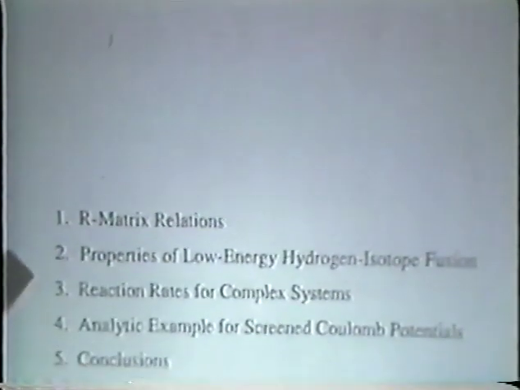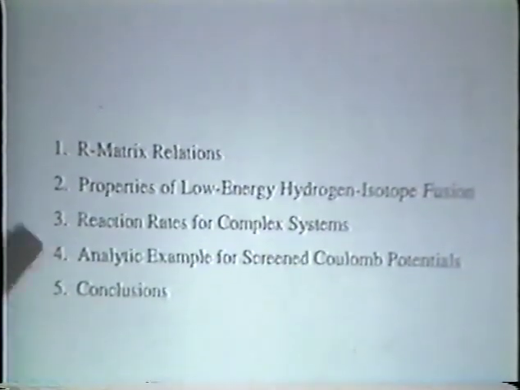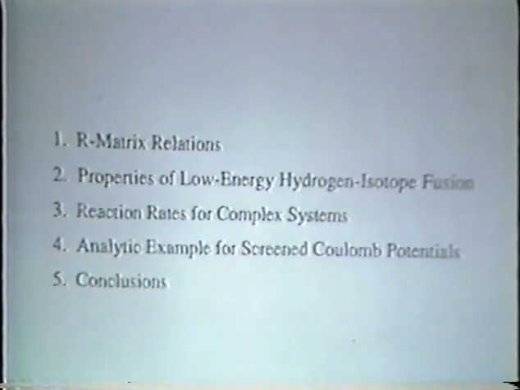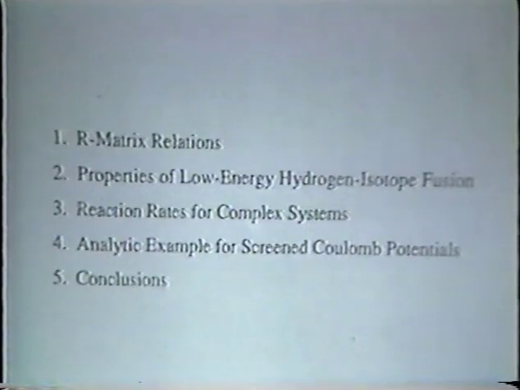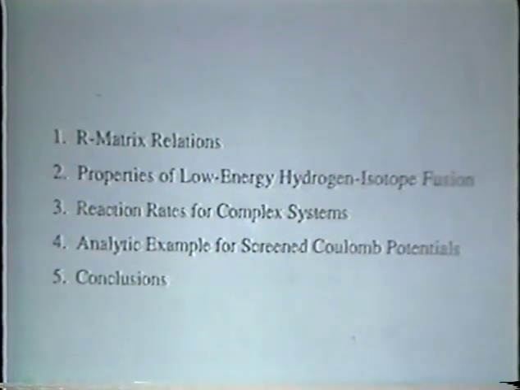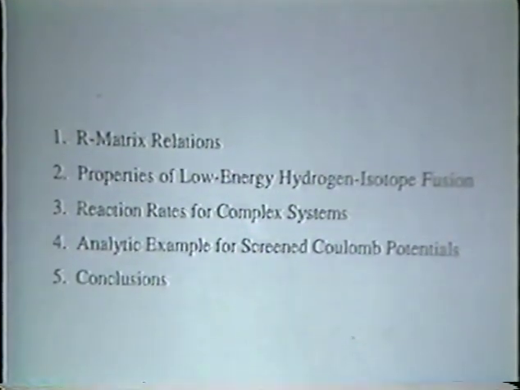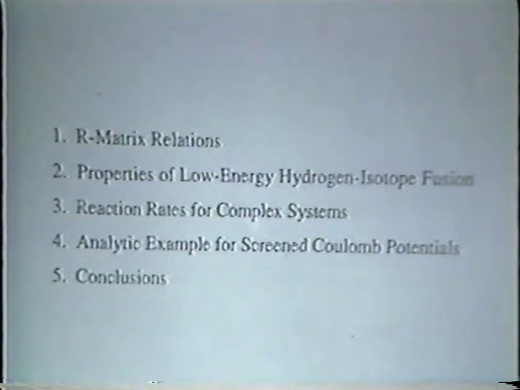And then, based on these results and the results of others, I'll also talk about properties of some of the low-energy reactions that have been proposed as possibly explaining what's going on in the cold fusion experiments. And finally, I'll talk about a way to calculate reaction rates for complex systems, which are the kind of systems we're talking about.